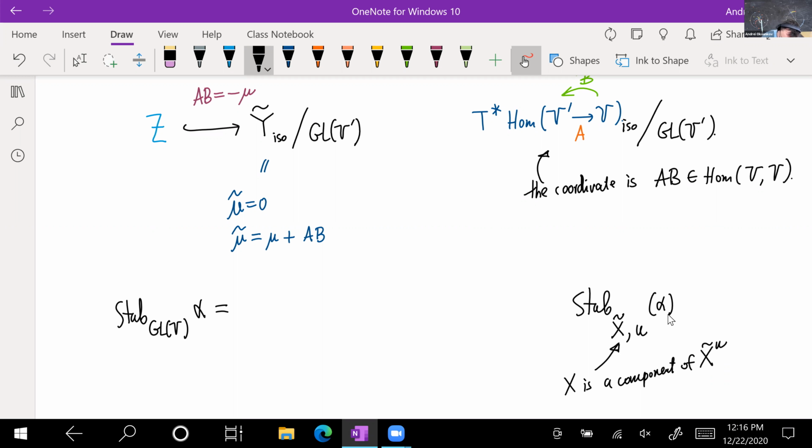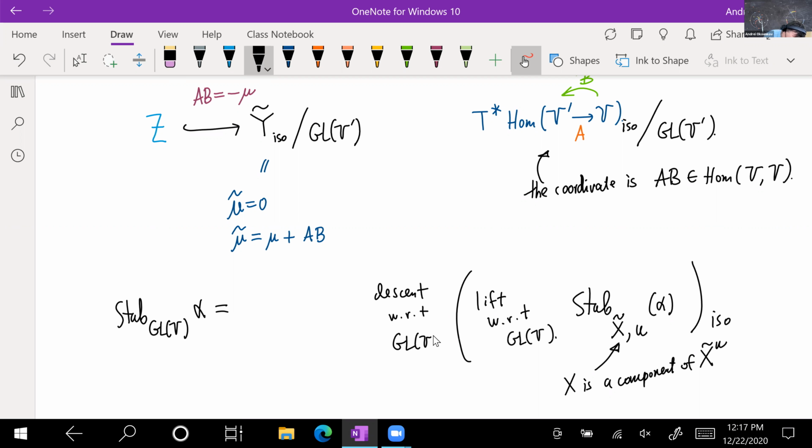Then we take lift with respect to GL_V. Since the quotient, we can lift, then we descend, then we restrict to this isolocus, then we descend with respect to GL_V prime, and then we pull back with respect to this map.